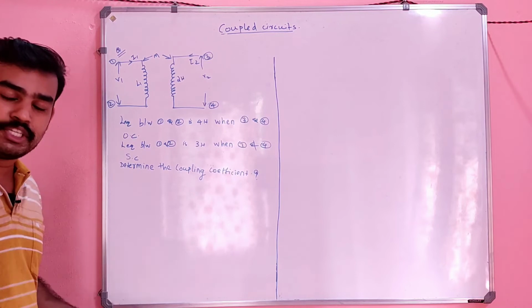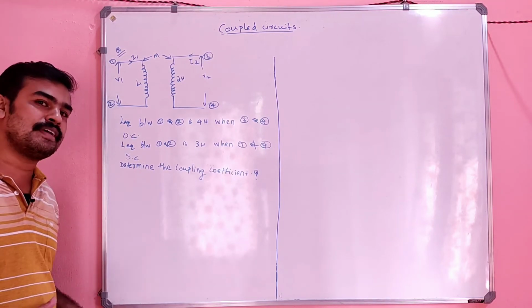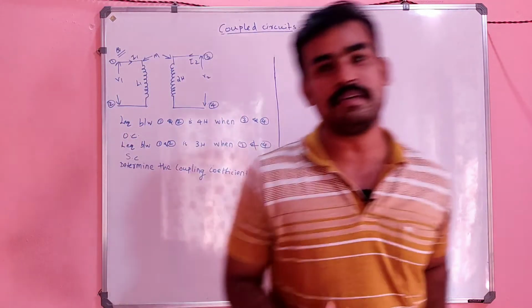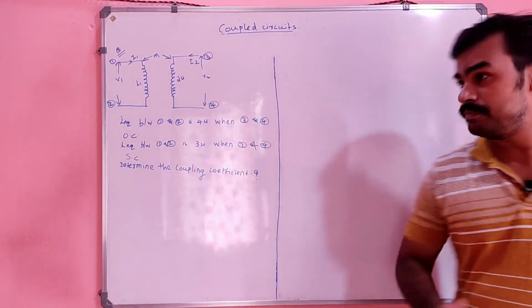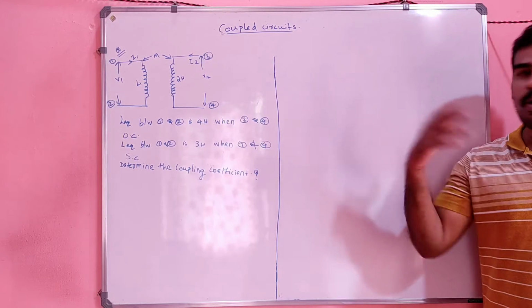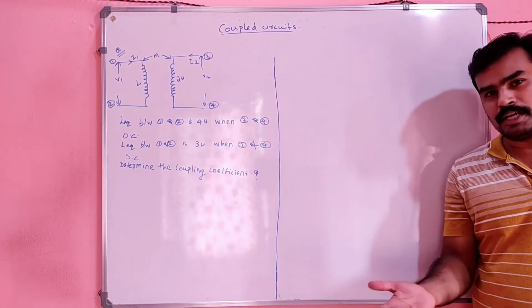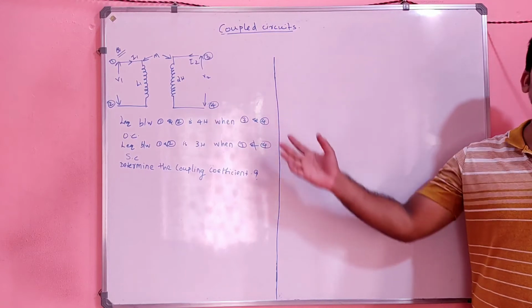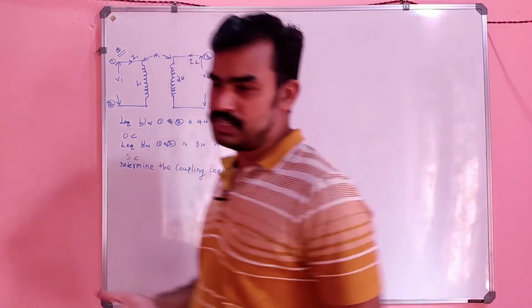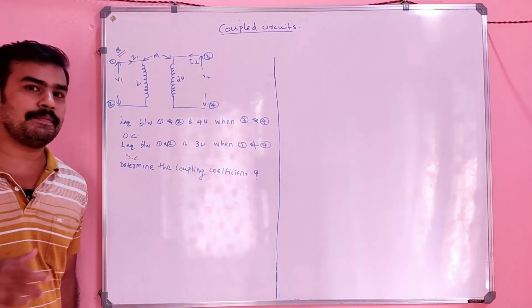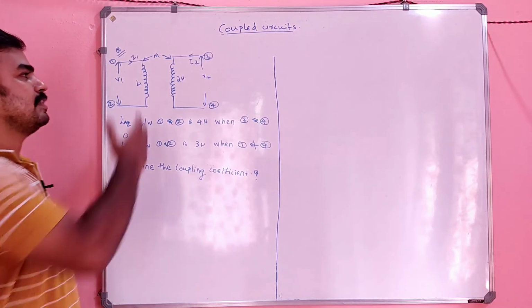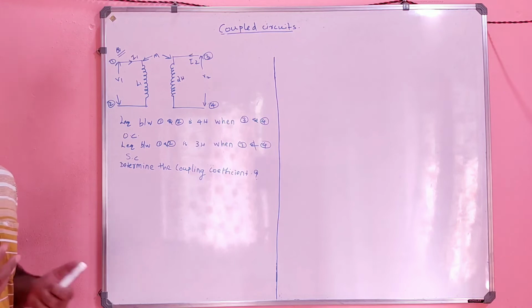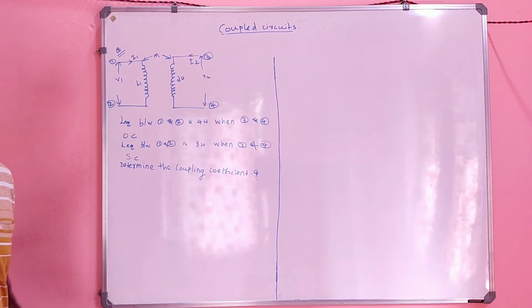Only for an electrically coupled circuit can we consider short circuiting and open circuiting in an easy manner. As far as our concern, that is the inductance concern, it is very easy if you are solving the circuit in an electrically connected manner, not in an electrically separated or isolated manner.